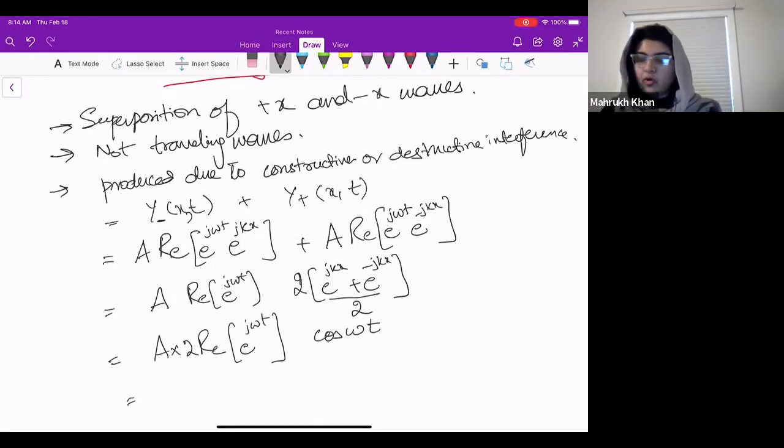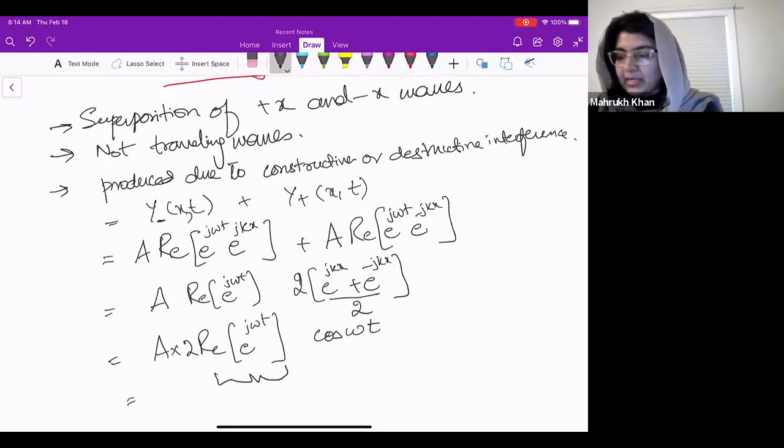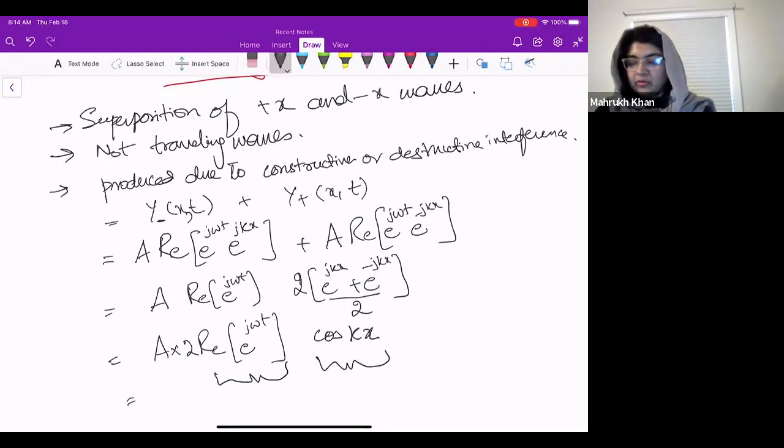You will see all sorts of expressions, but the only concern here is that we are separating the time harmonic part, and we are separating, sorry, this is not kx, this should be kx, right? We are separating the space and time parts.